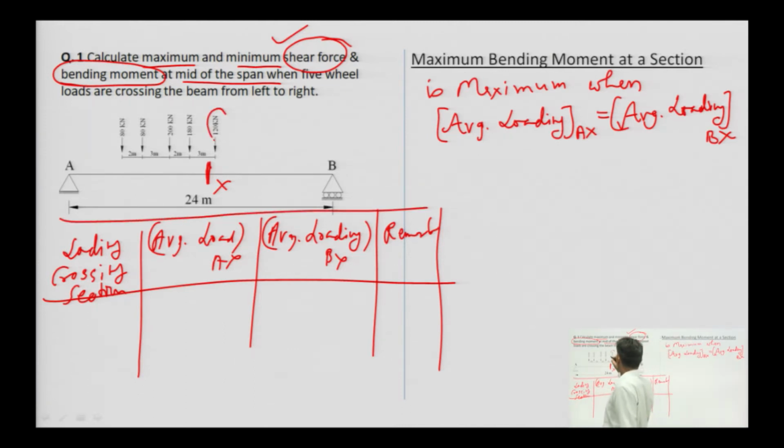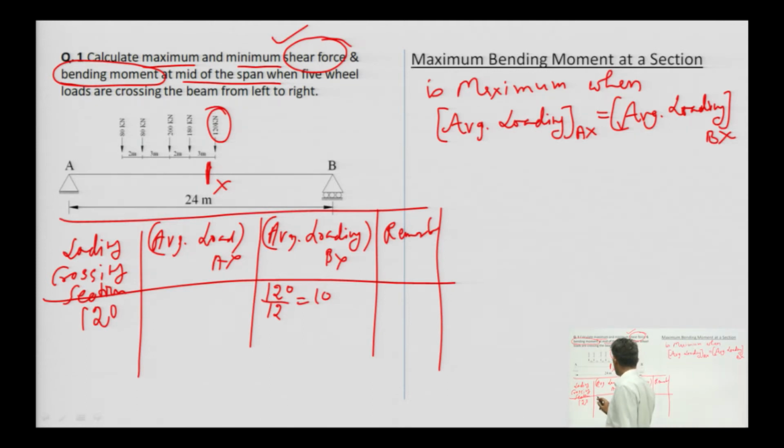First of all, 120 kilonewton is crossing. When 120 kilonewton is crossing, the average loading on XB will be 120 divided by 12, which is 10 kilonewton per meter.